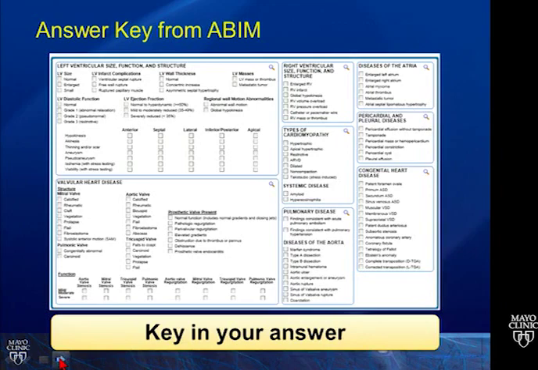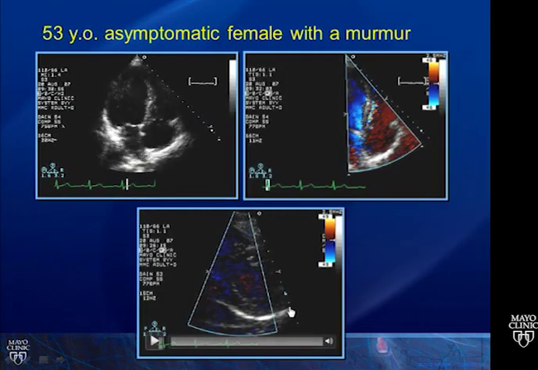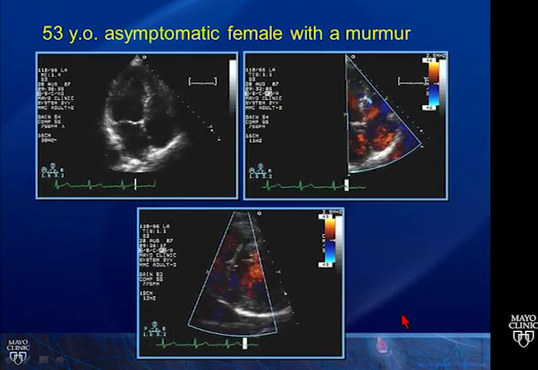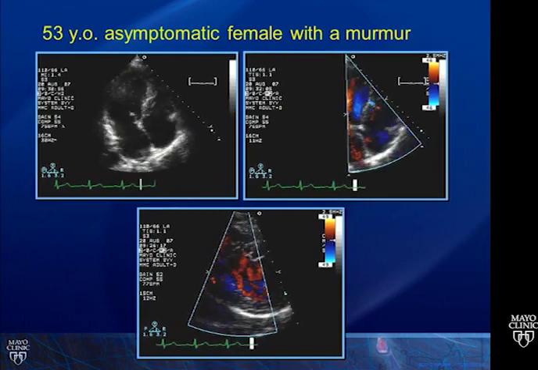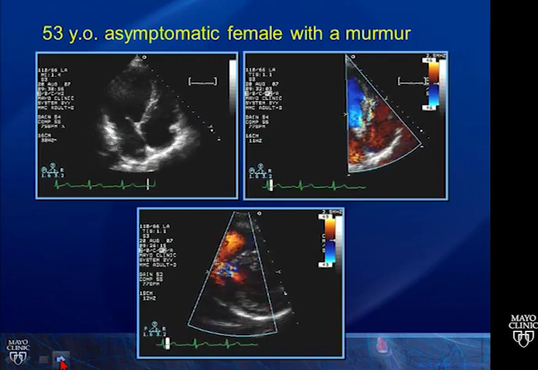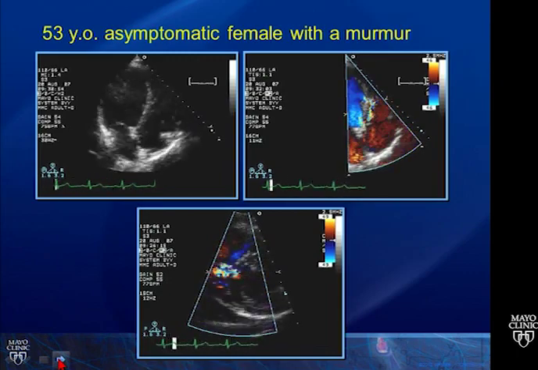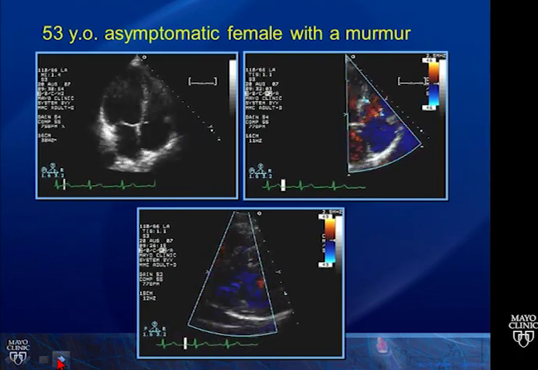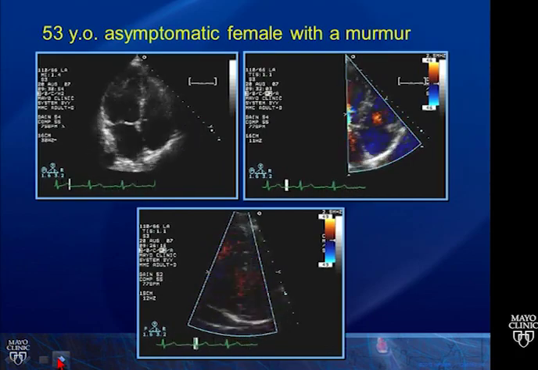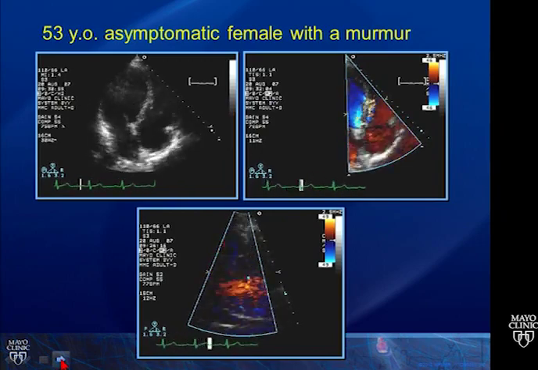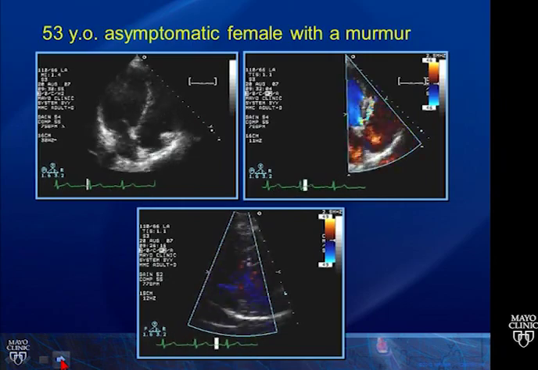And then we'll go ahead and key in your answers, but while I do that, I'll bring back the key images that we were looking at. Some nice color findings there for your viewing pleasure, as I say.